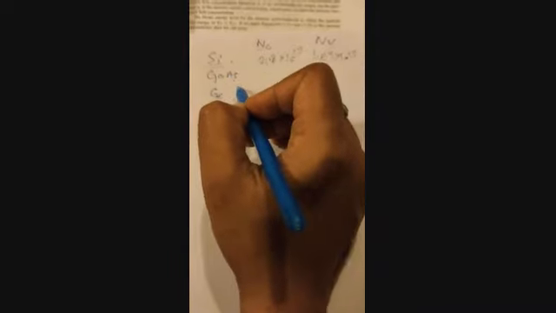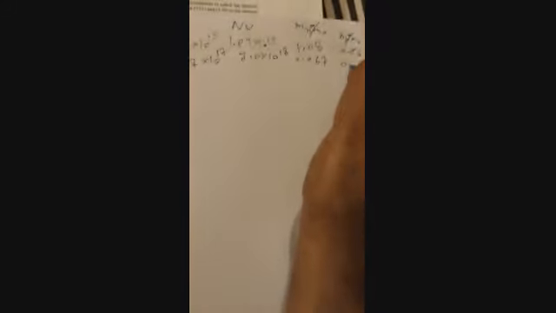Similarly, if I talk about GaAs, gallium arsenide, then NC is 4.7 into 10 to the power 17, and NV is 7.0 into 10 to the power 18, and the effective masses are 0.067 and 0.48.